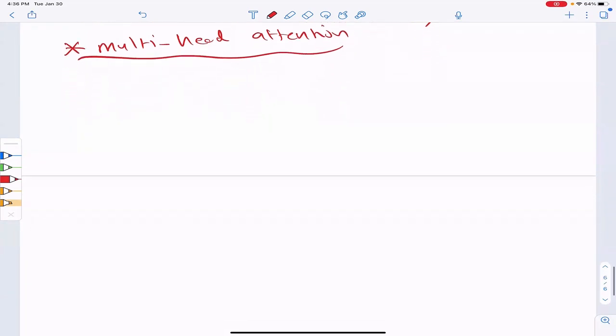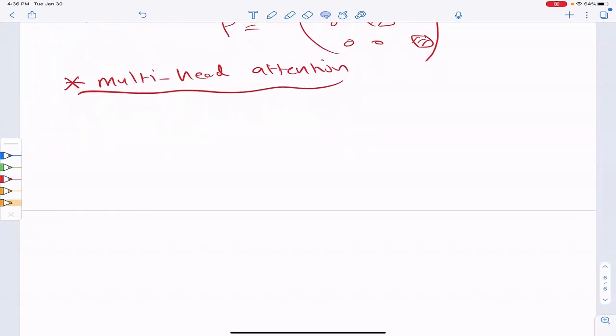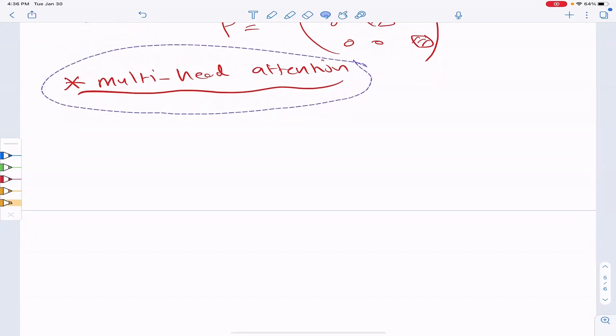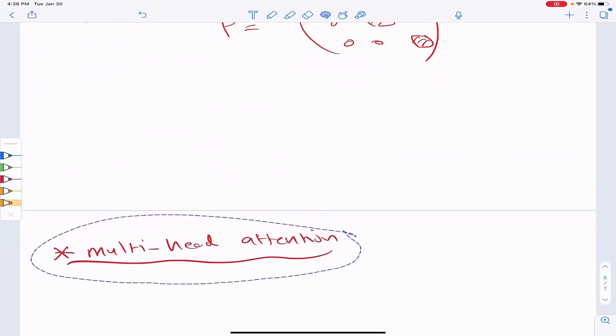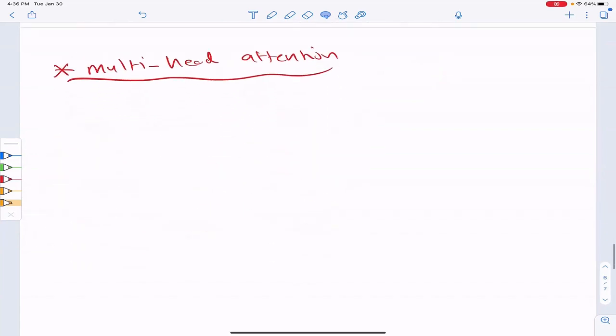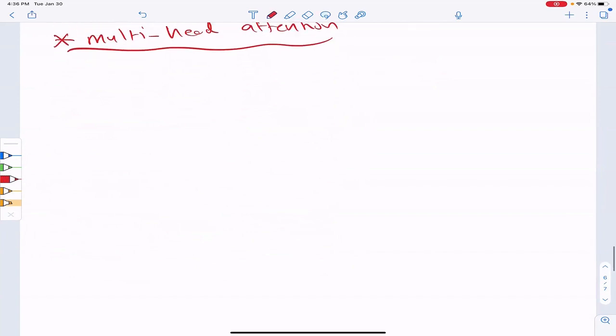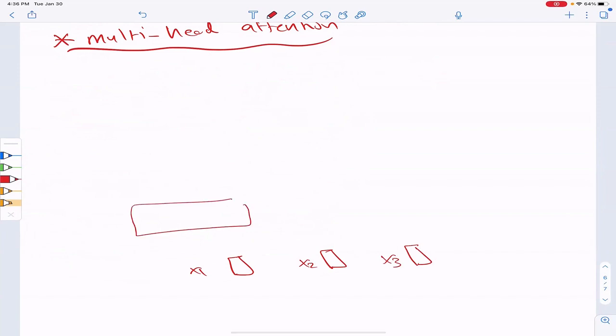So I have x1, x2, x3. I apply the first self-attention, let's say with matrices W0Q, W0K, and W0V.